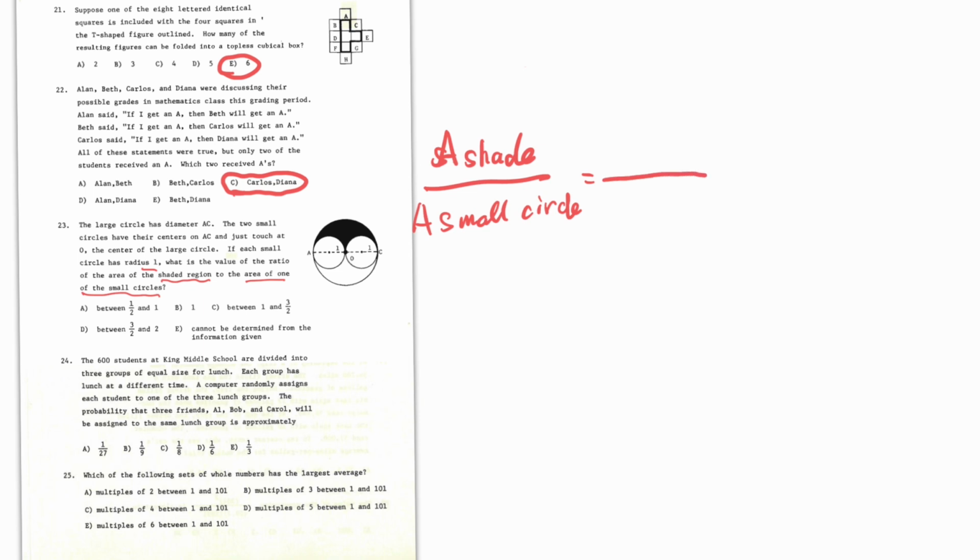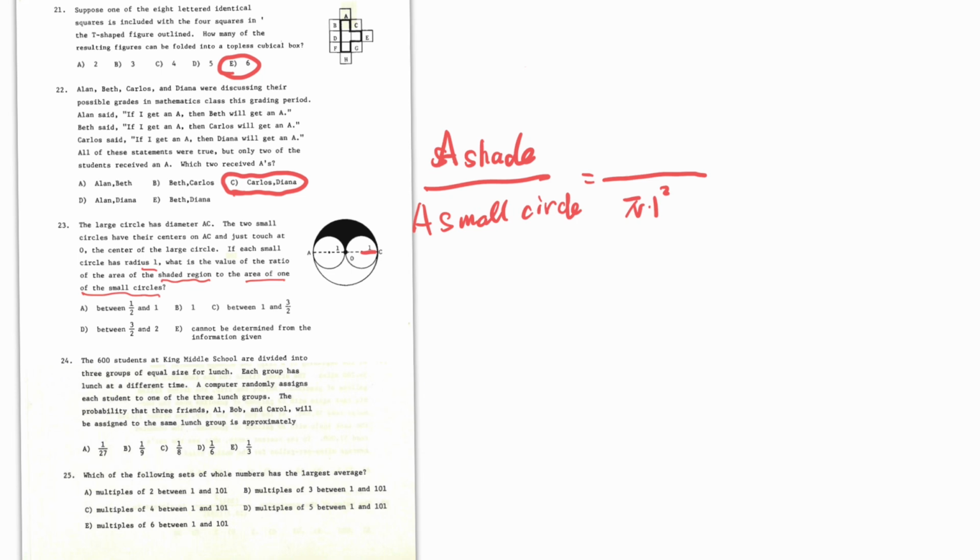Small circle area, the radius is 1, so the area is pi r squared. That's pi times 1 squared, that's pi.